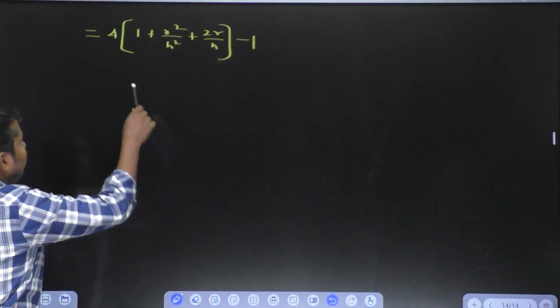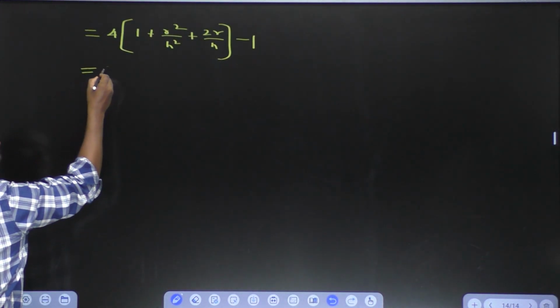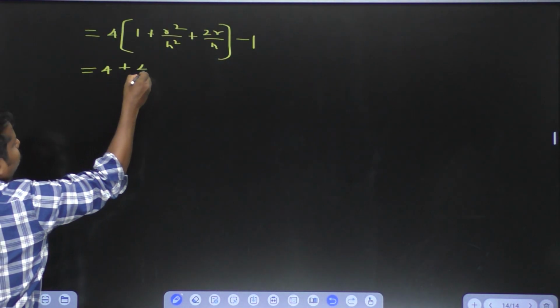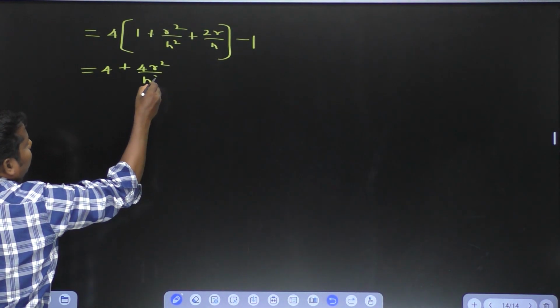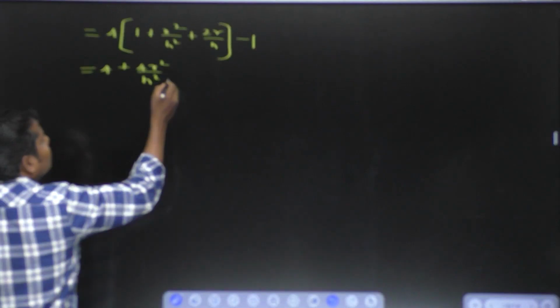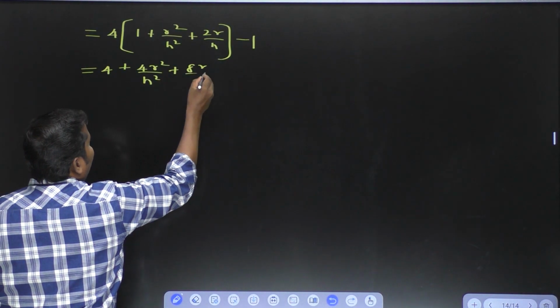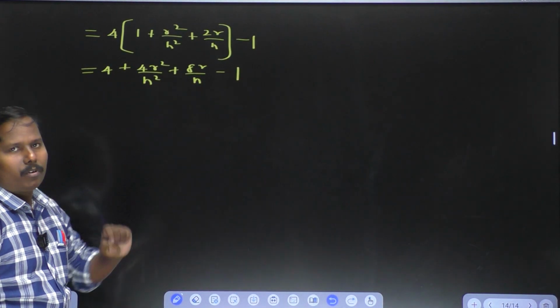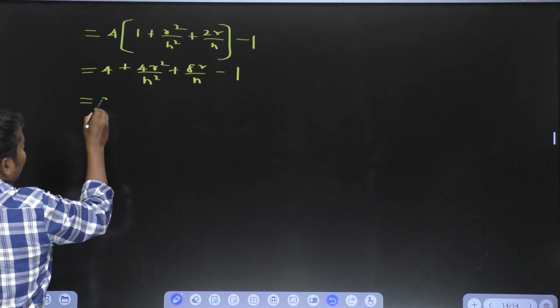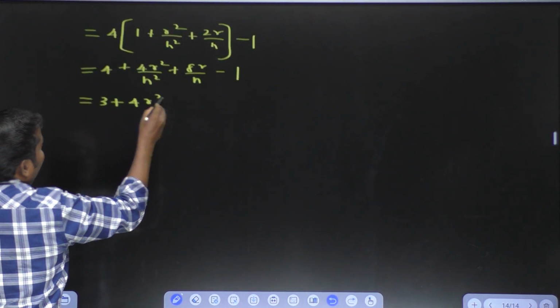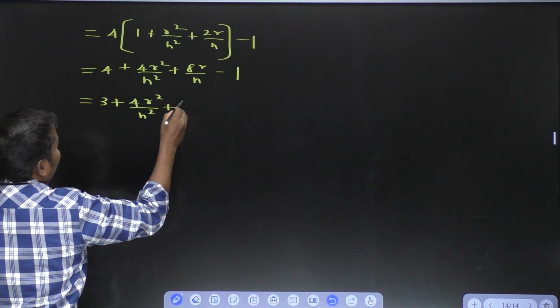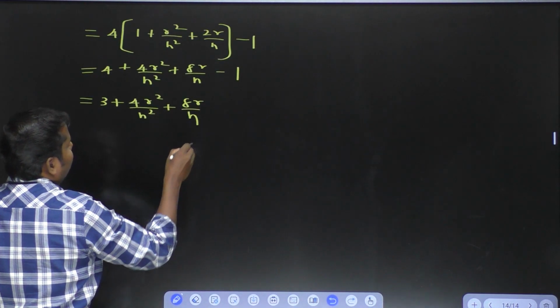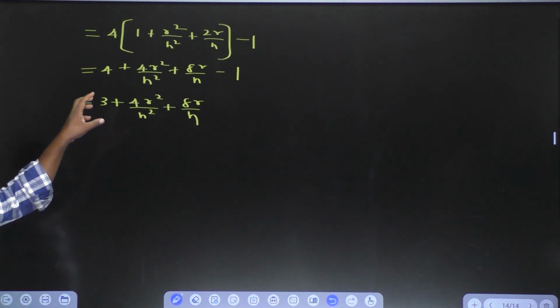Now as usual, let us apply 4 inside. 4 1s are 4, 4r squared by n squared, plus 4 2s are 8, 8r by n, minus 1. What is 4 minus 1? 3. So 3 plus 4r squared by n squared plus 8r by n. So we got the functional value as well.